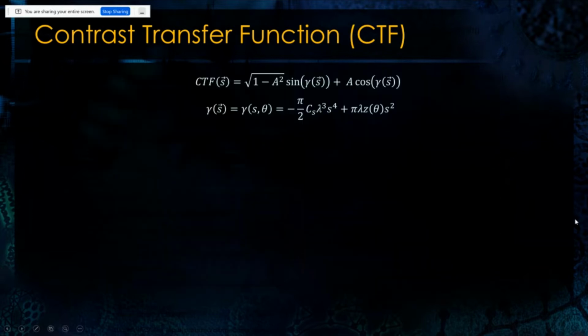If you go more to the mathematical side of this, the contrast transfer function can be described as a sum of a sine and cosine wave, and the most crucial part is that it depends on the defocus. This is the parameter that influences how bad or how good your contrast transfer function is.